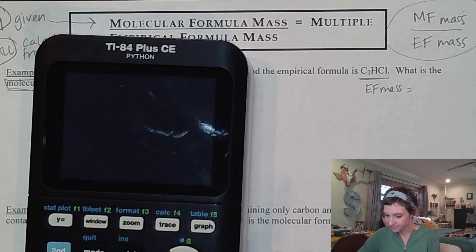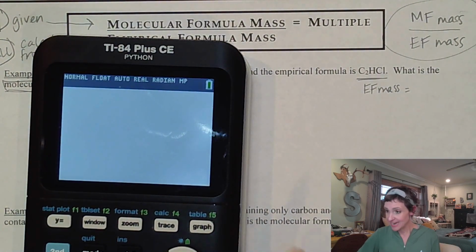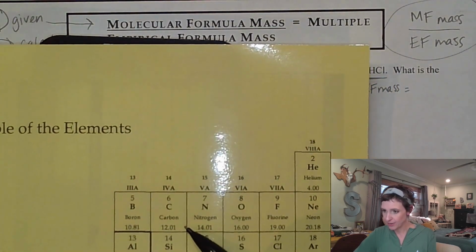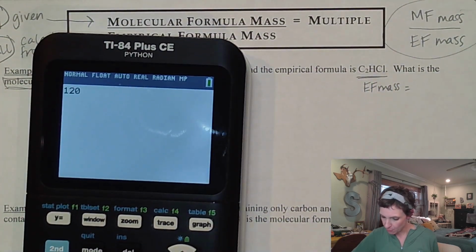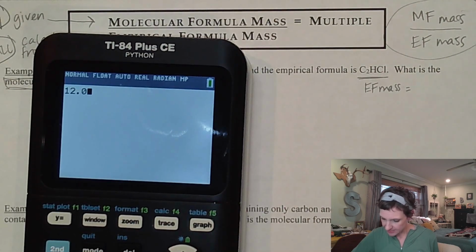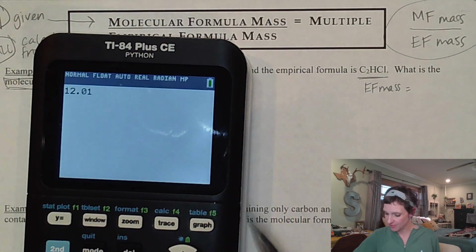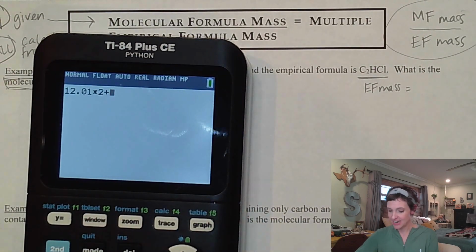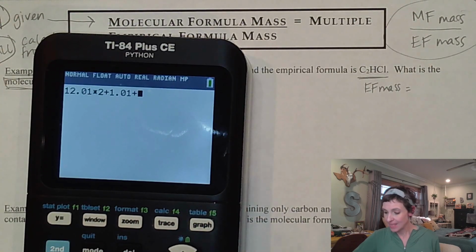I'm ready to go. We have carbon. Its molar mass is 12.01. Oh, I missed the decimal. 12.01, and there were 2 of them, so I multiply by 2. The next element I have is hydrogen. Hydrogen's molar mass is 1.01. I only have 1 hydrogen, so that's it for him. And finally, my last element is chlorine. Chlorine's molar mass is 35.45.